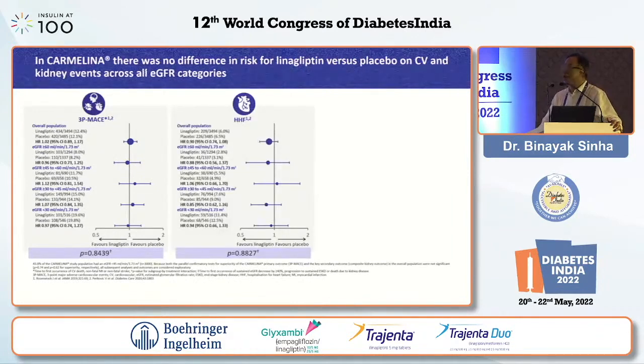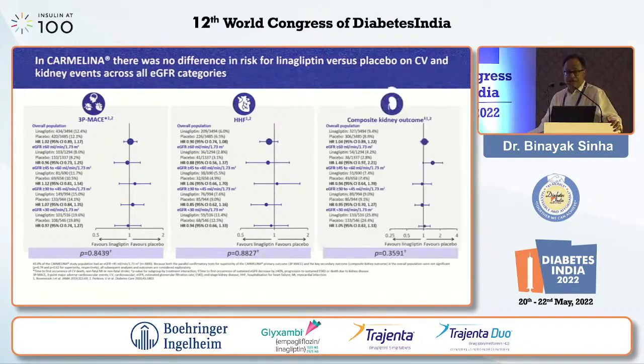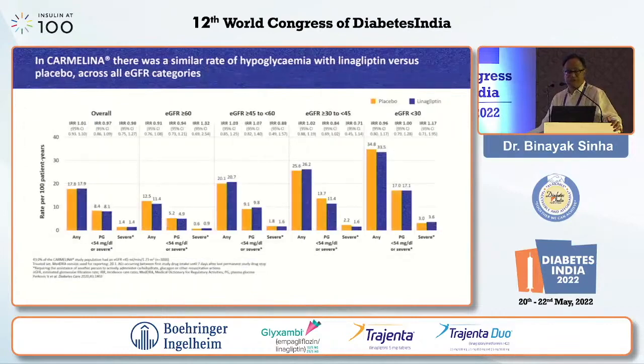The second plot is heart failure. Again, there is no difference in the kind of results that you get. And also, in composite kidney outcomes, there is no difference in what you get when you treat patients with linagliptin.